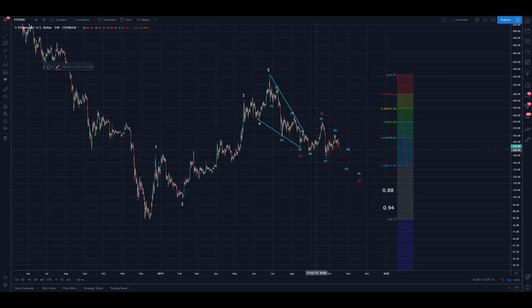So that we end in another downward wedge pattern where 1 and 4 is allowed to overlap. This would be an ending diagonal. And if that's the case, clearly 0.78 could have strong affinity as well.